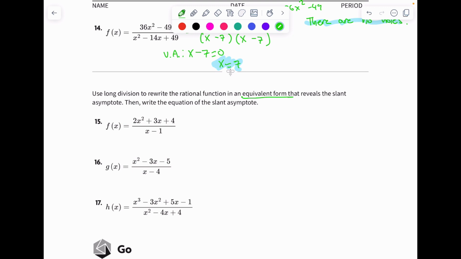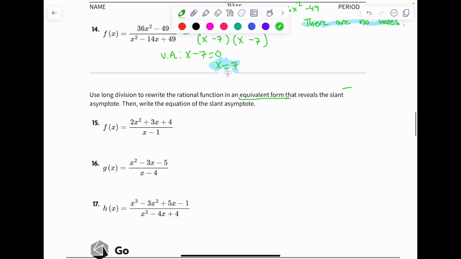So not going to get too much into it, but again, a slant asymptote happens whenever the degree of the numerator is exactly one more than the denominator.